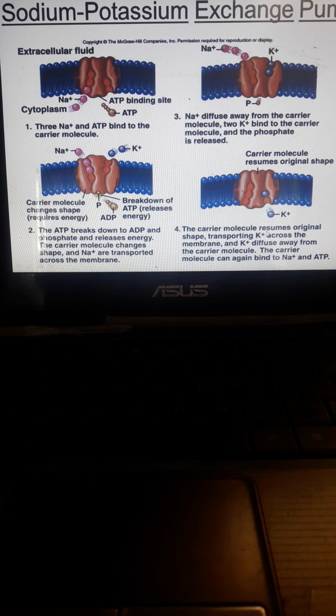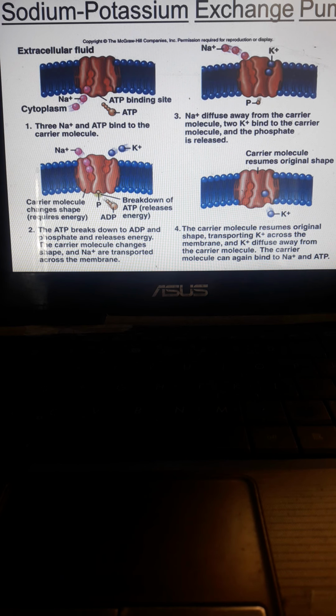Next, the carrier molecule resumes the original shape, transporting potassium across the cell membrane, and potassium diffuses away from the carrier and goes inside the cytoplasm. The carrier molecule can again bind sodium and ATP. So it will go back to the original state, and another cycle of the exchange will happen again.